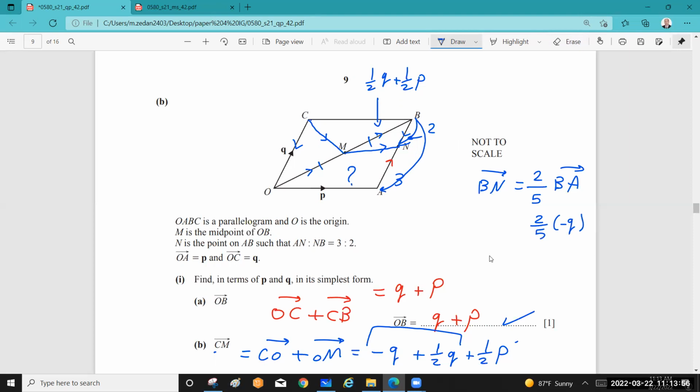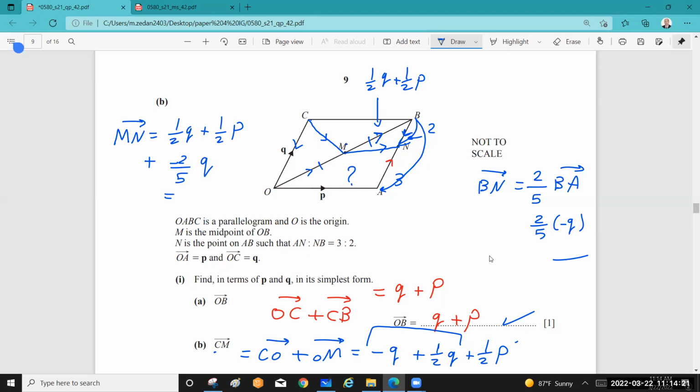So if you want to find MN, I just make it here on this side to see the figure. MN is MB plus BN. MB is half Q plus half P, as I said, plus the BN I calculated now, negative 2/5 Q. Just add this and you will get the answer.